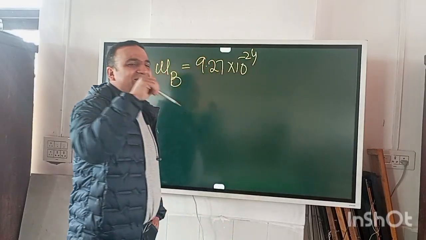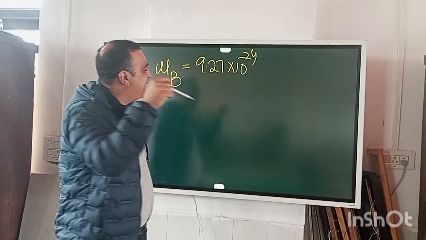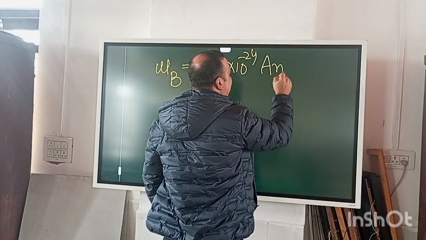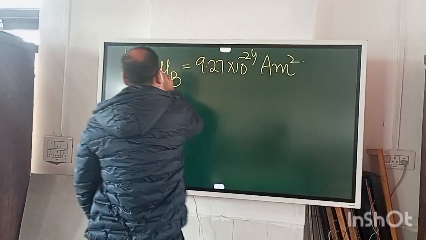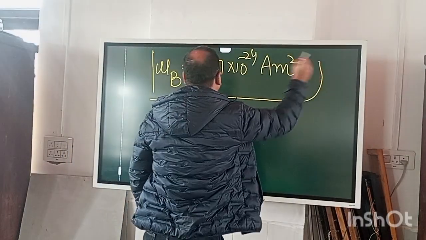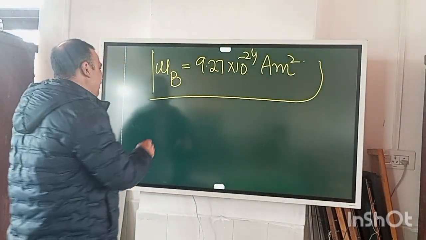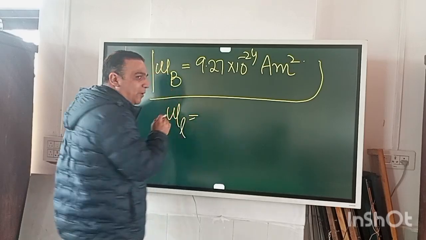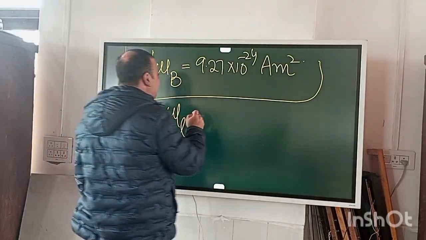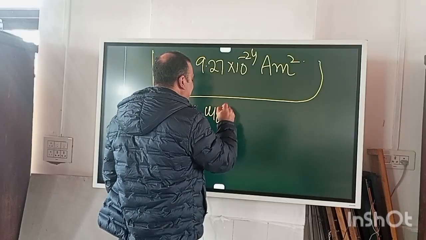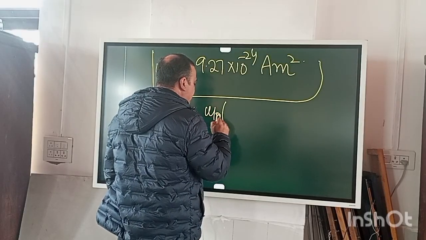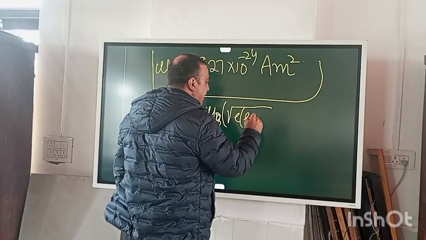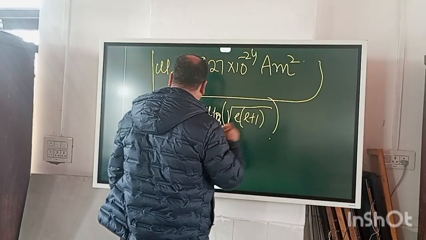So magnetic moment is the product of current and area. So for current I have ampere, and for area I have meter square. So I can write down the orbital magnetic moment in terms of this Bohr magneton. That will be μB times the square root of l times (l plus 1).